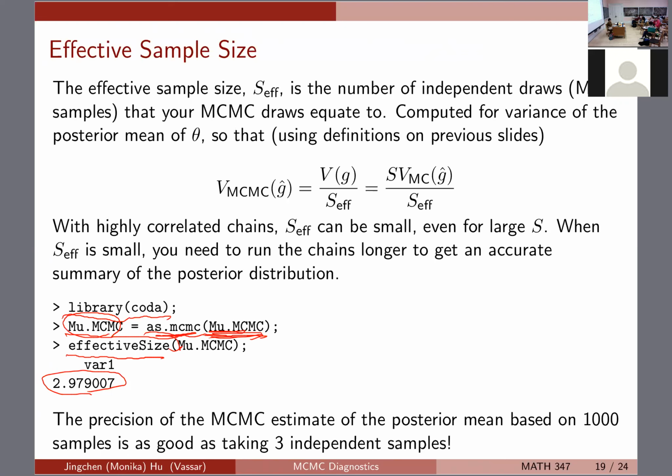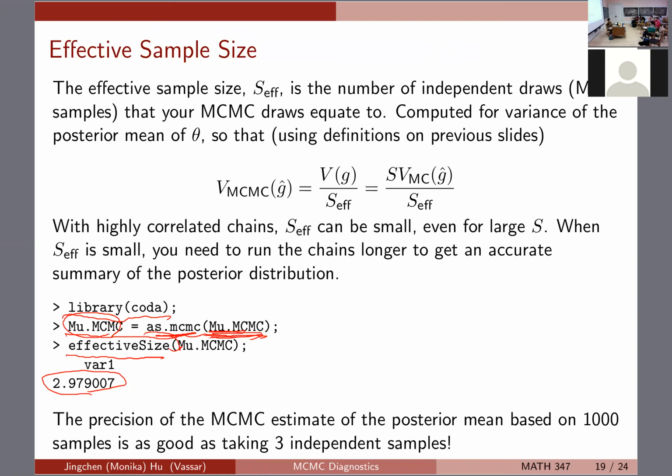So this obviously is not good, even though you have run it for 1,000 times, it's only as good as 3. The rule of thumb is that you should have at least 100 effective sample size. In this case, you probably have to run it much longer, and you might not have enough resources, but the rule of thumb for how many effective samples you need is usually about 100.